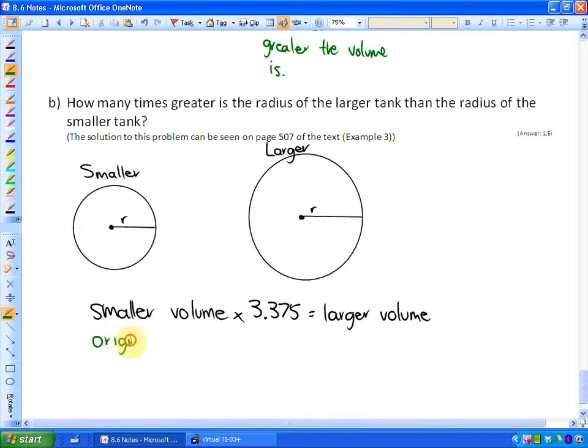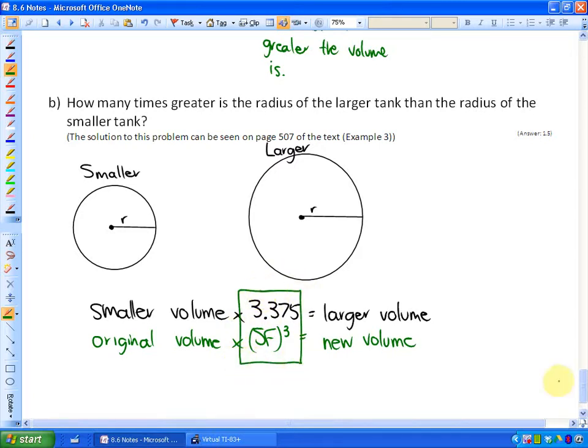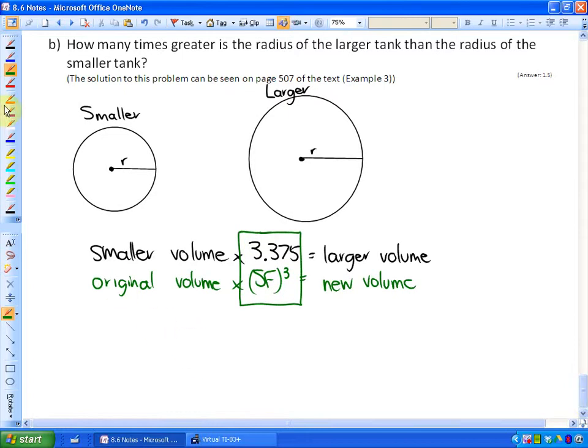We know that original volume times scale factor cubed equals new volume. So if you look at this, what we actually know is that how the volumes are related is the scale factor cubed. So we know that the scale factor cubed is equivalent to 3.375. If you want to solve for the scale factor, you would have to take the cube root of 3.375.